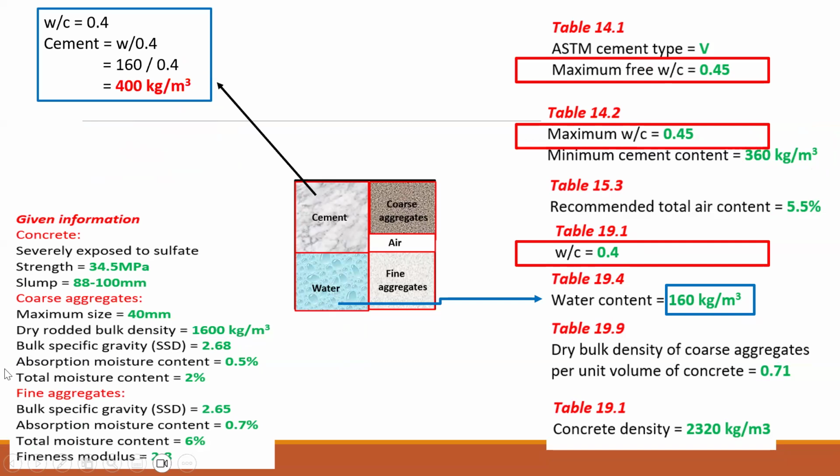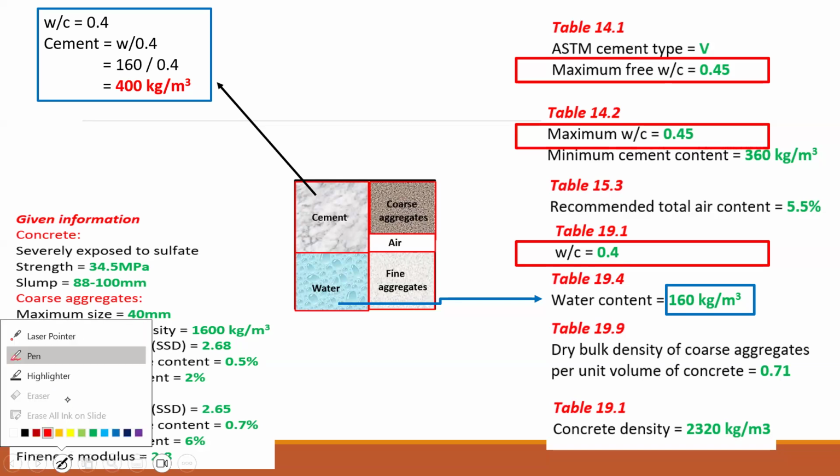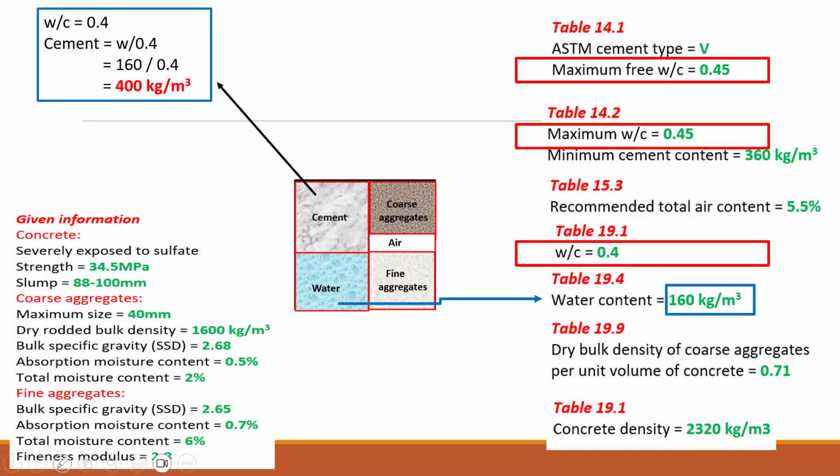Okay, now any question up to here? No. Okay, so now we know the dry rodded bulk density of coarse aggregate is known. Can you tell me the dry bulk density of coarse aggregate?